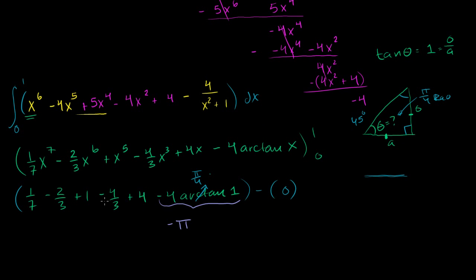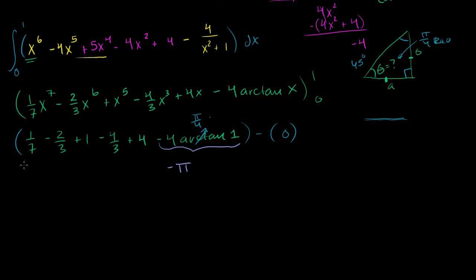But since we want to make sure we have the right answer, let's add up all of these fractions. Negative 2/3 minus 4/3, let me take those two terms, is negative 6/3, or negative 2. So those become negative 2 plus 1 plus 4, and then plus 1/7.